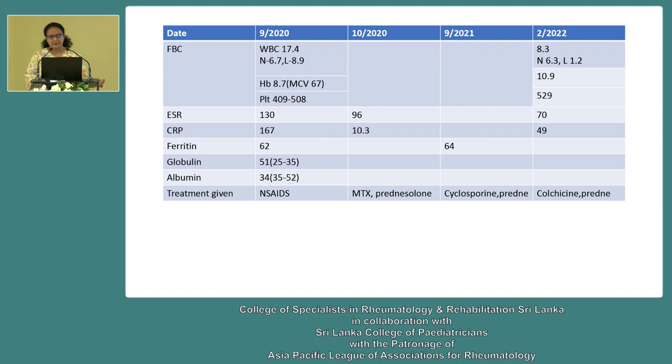However, there have been periods where she was not able to purchase colchicine because of the colchicine being out of stock or difficulty in purchasing from outside. And even though we have stopped prednisolone at some point, she has taken over-the-counter prednisolone.